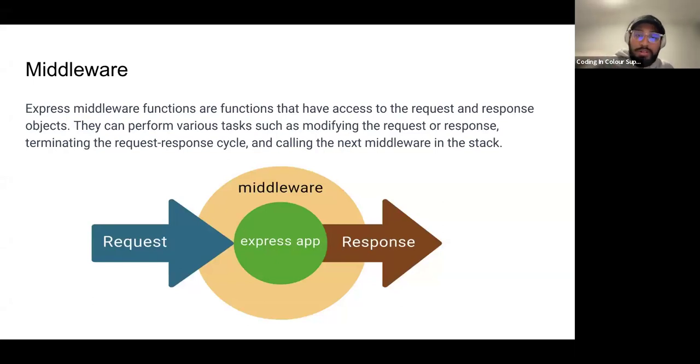You can see here is an image. We send in a request, it goes through the Express app, middleware works in the environment to make sure necessary modifications are made, and it sends out a response from the application.